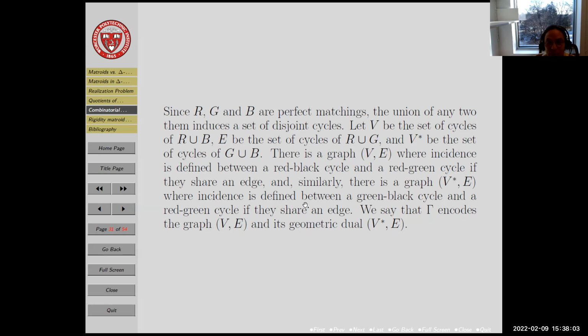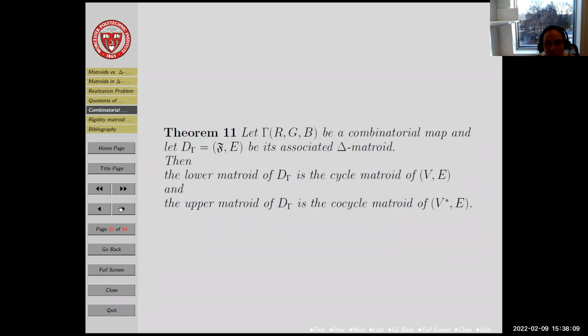And now we can see what the upper matroid and the lower matroid are. The lower matroid of this delta matroid that I got from just looking at green in a fully black Hamilton cycle is nothing but the cycle matroid of the graph. And the upper matroid is the co-cycle matroid of the geometric dual.